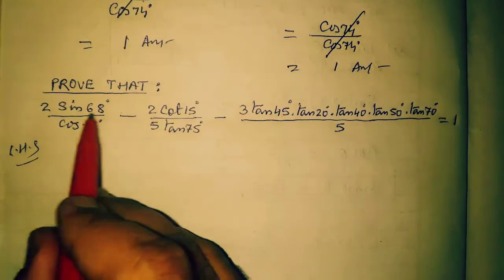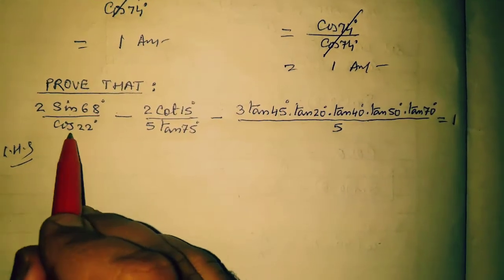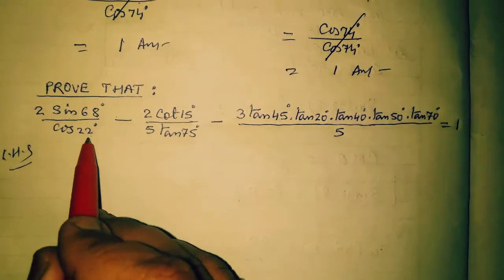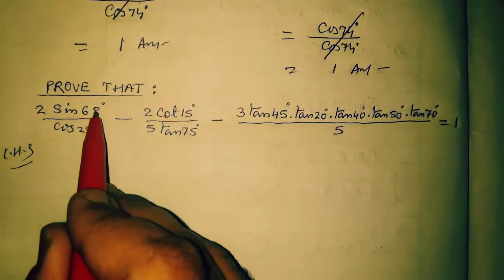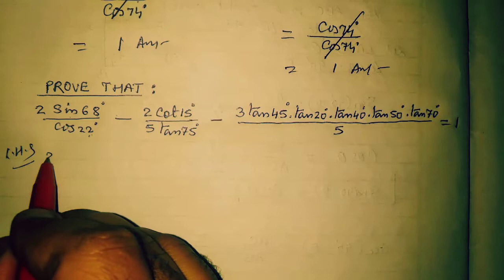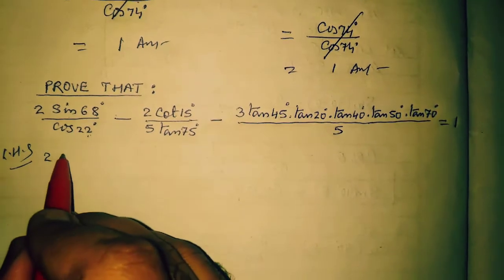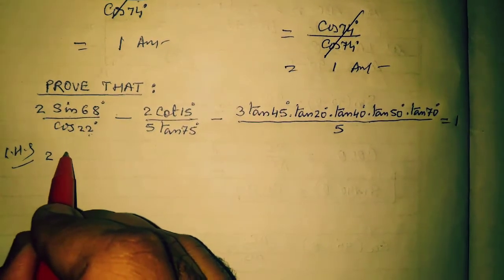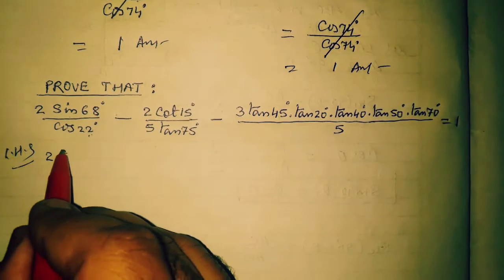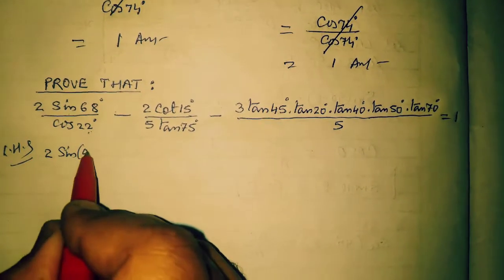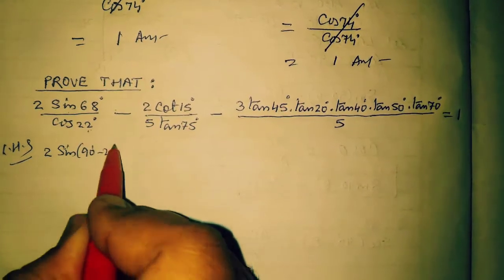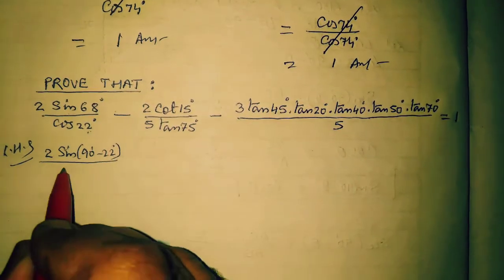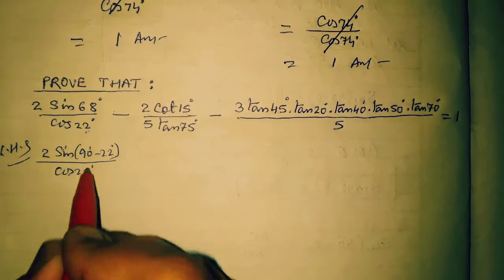See here 2 sine 68 and cos 22. So 68 degree plus 22 degree is how much? 90 degree. Any one of them will convert, so I'll convert this numerator only. Sine 68, you can write sine 90 minus 22 degree, divided by cos 22 degree.